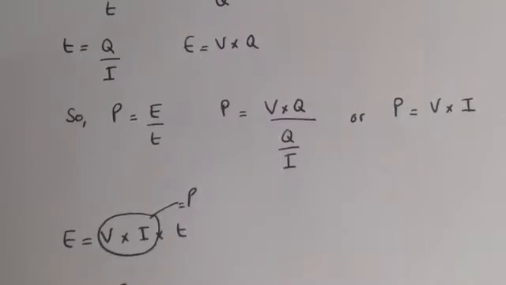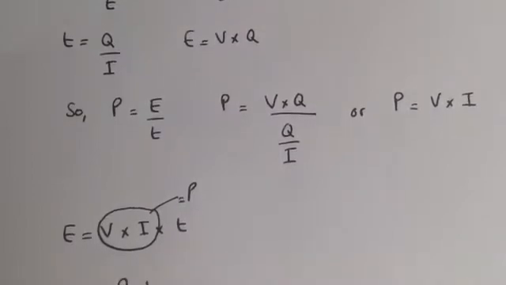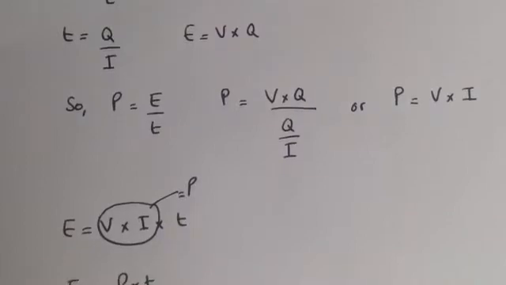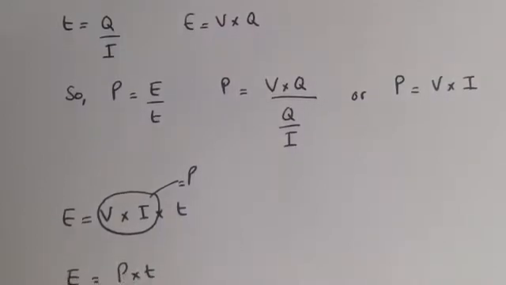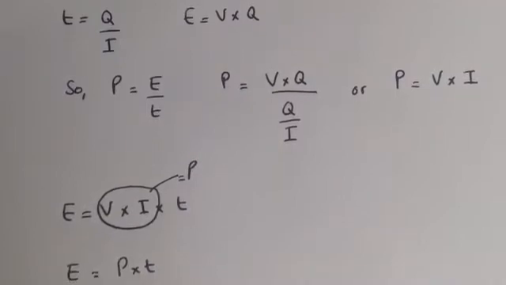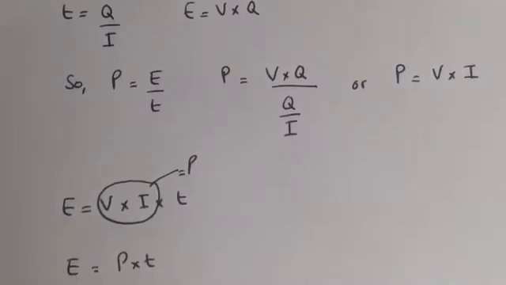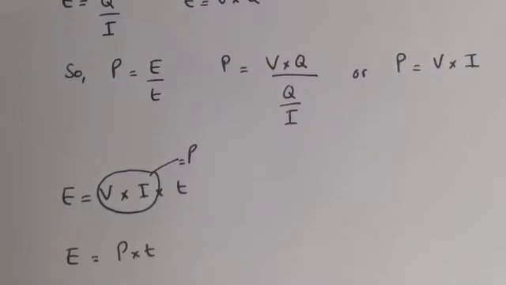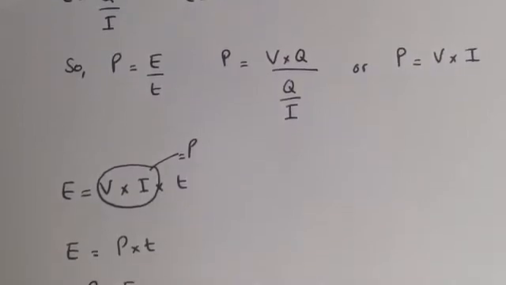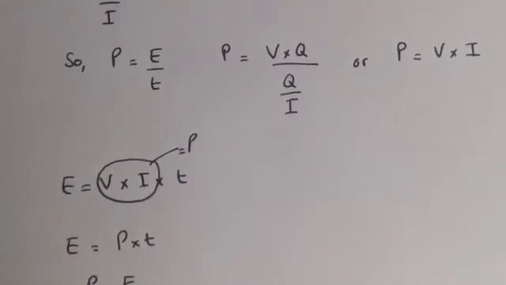So if we think about power being energy transferred divided by time, we could rewrite that equation as voltage times charge divided by charge divided by current, which mathematically is exactly the same as saying power is equal to voltage times current.